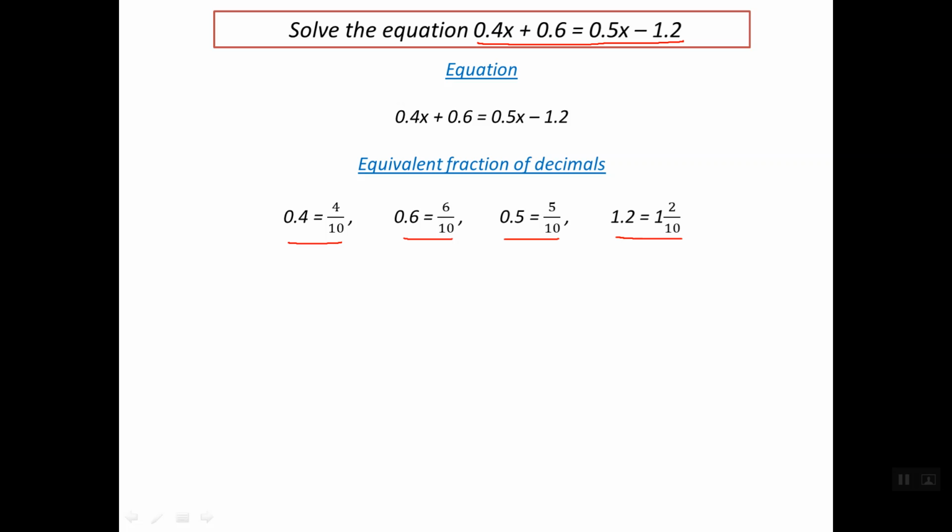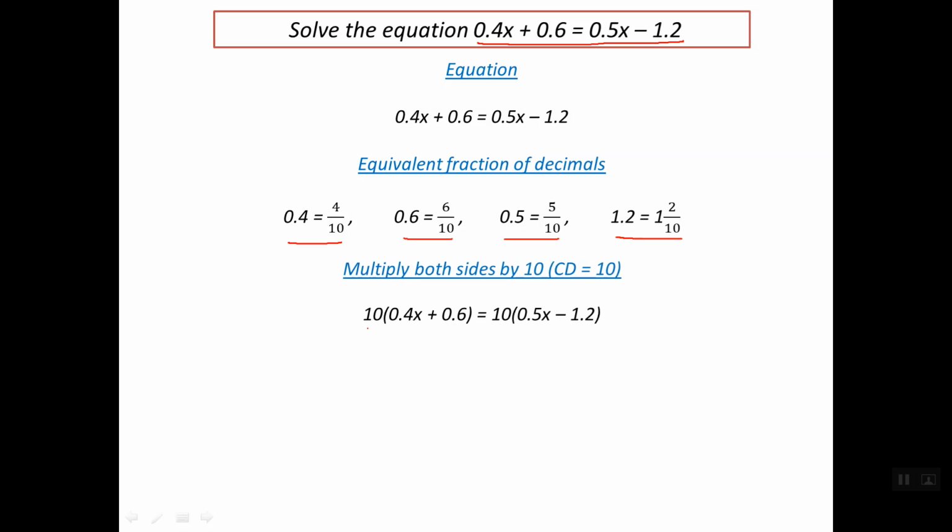The simplest and easiest step is to cancel the decimals and change them to real numbers and constants. So we can multiply both sides of the equation by 10, which is the common denominator for these four fractions.